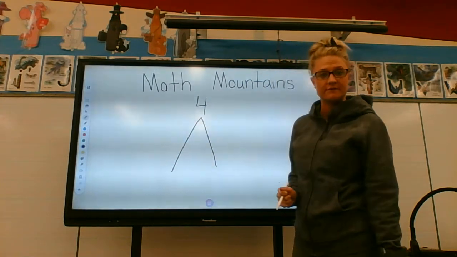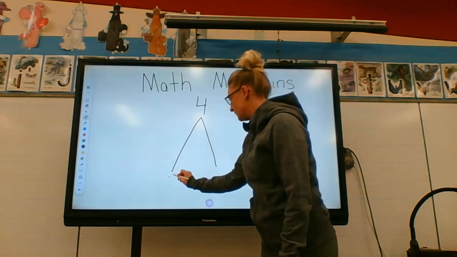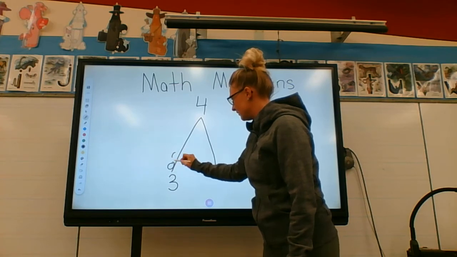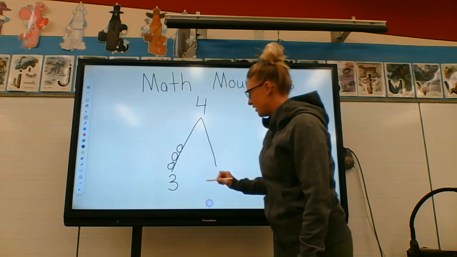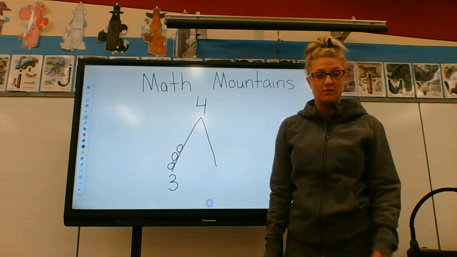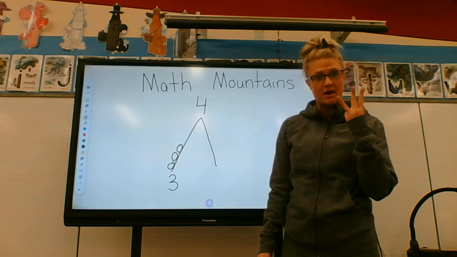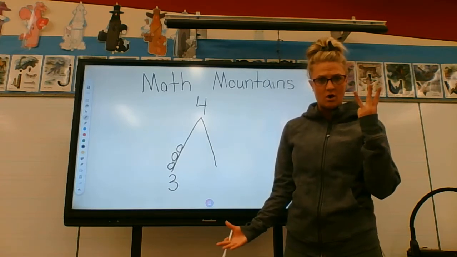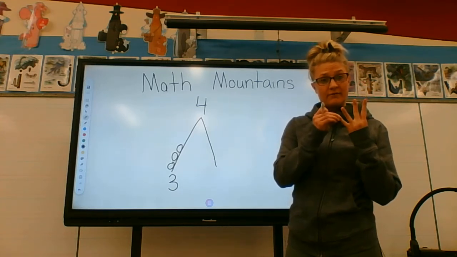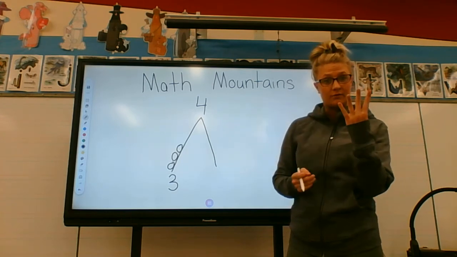I'm just going to do the first one that they give you for partners of 4, and that is a 3 on this side with 3 circles. Now we have to figure out what plus 3 equals 4. If we use our fingers and hold up 1, 2, 3 fingers, there's our 3. Now how many more to get to 4? 1, 2, 3, 4. I held up 1 more finger, so I know that 3 plus 1 equals 4.